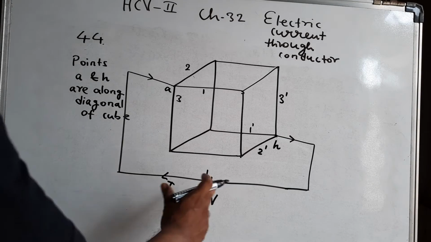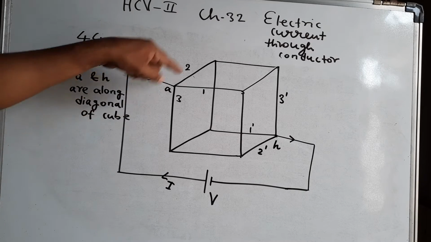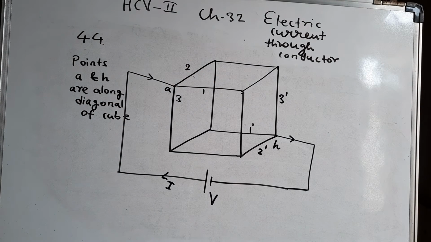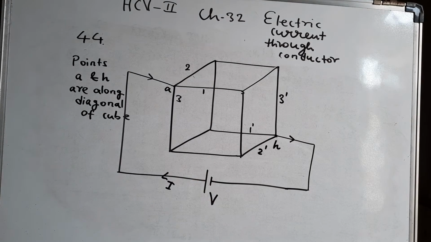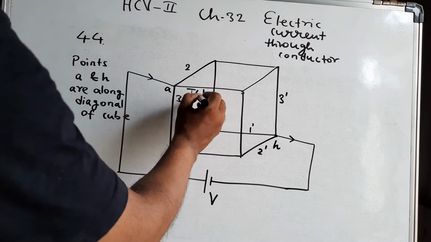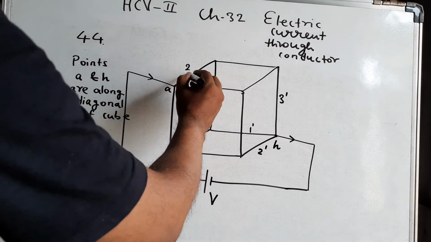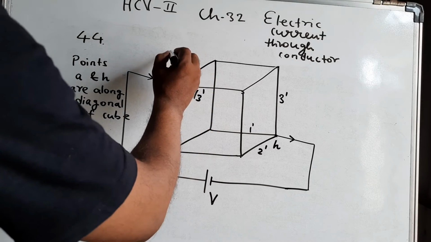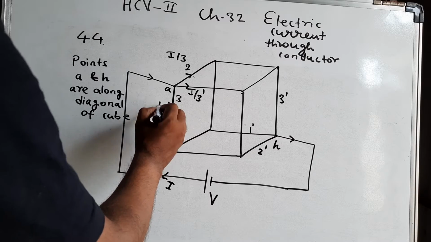So that is why we can assume this I can be divided into 3 equivalent currents, because the pathways further are equivalent. So this I is divided into I by 3 going to path 1, to 2 it will again be I by 3, and to 3 it will also be I by 3.